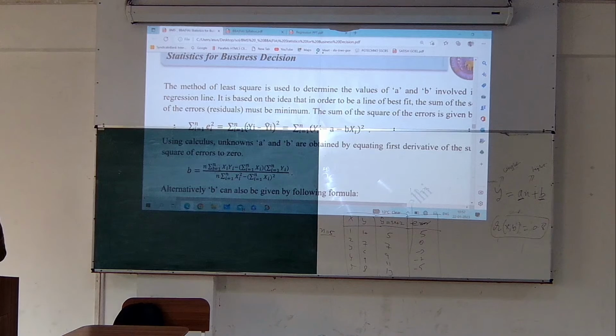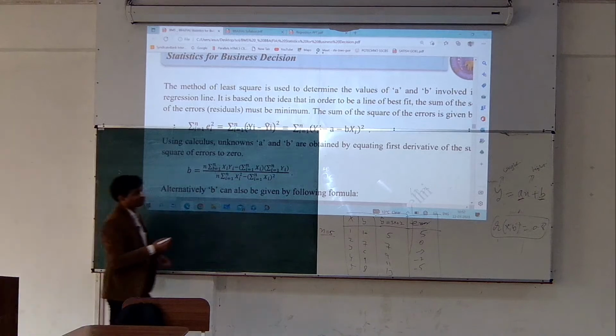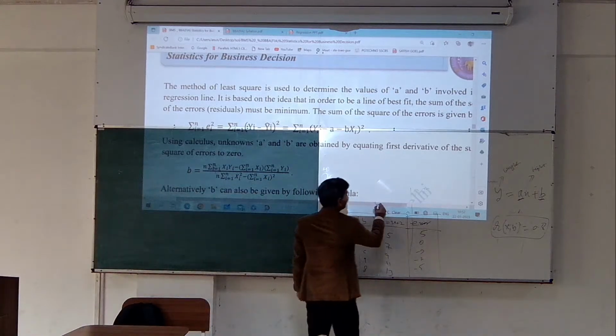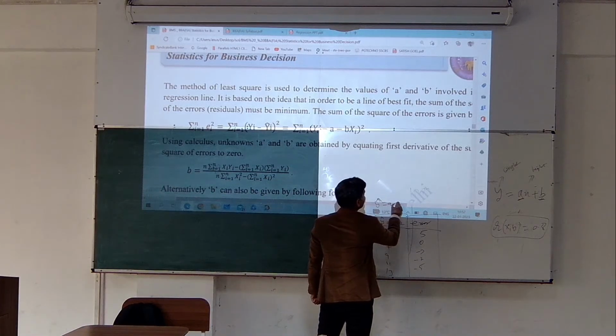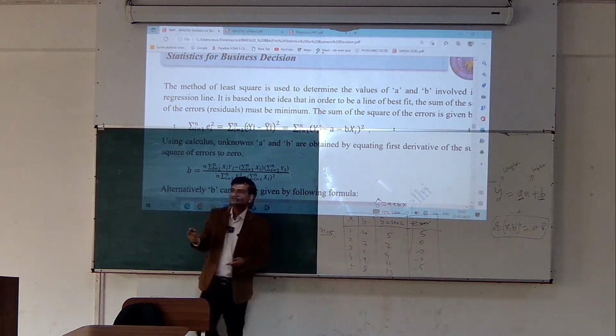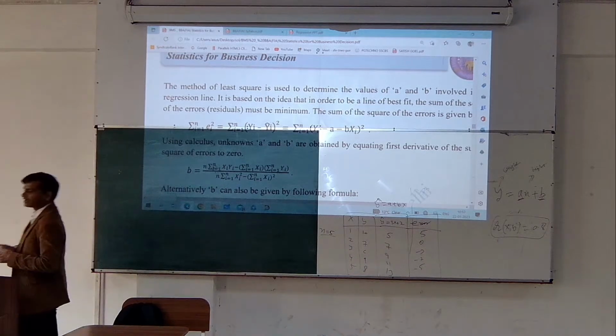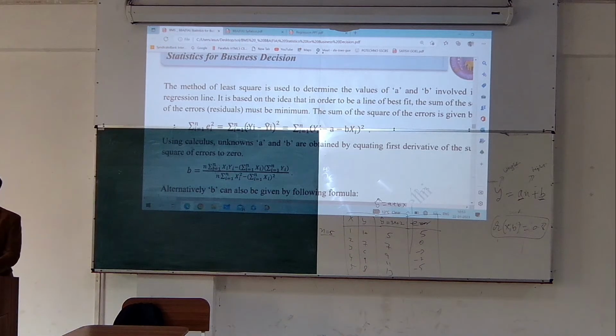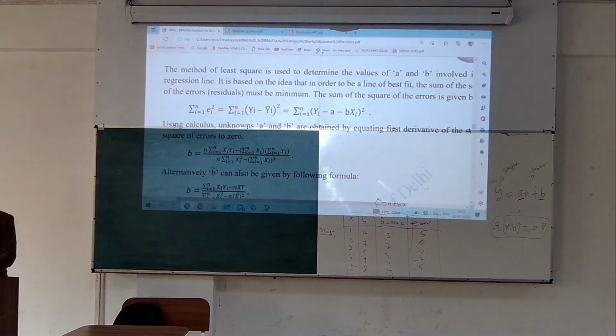And what is y cap? I already know y cap is a plus b x. So instead of y cap I can put the value a plus b x. So y minus y cap would be y_i minus a minus b x_i, whole square, and you have to minimize this part.